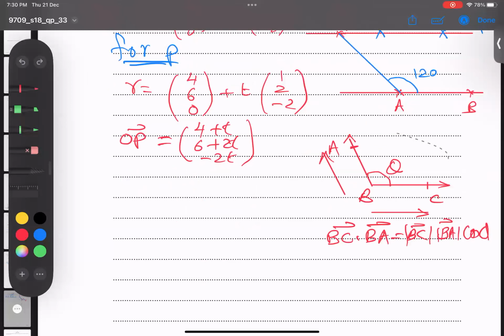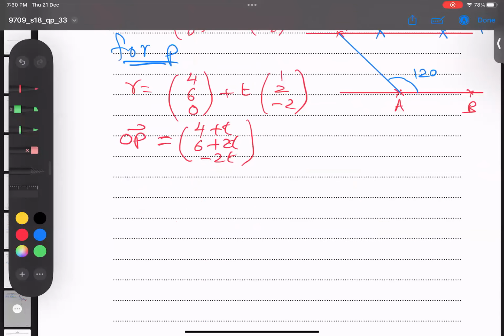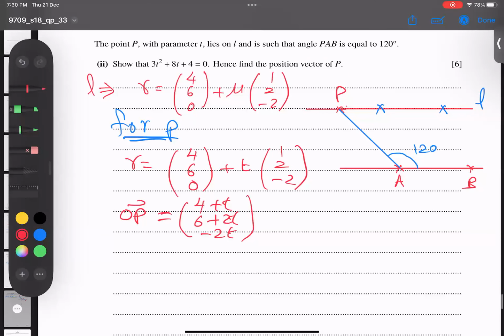Same story if I apply it now in the current situation. So let's see what situation I have, I'll show you. This middle letter is A, this letter is B, this is vector AB, and this letter is P. This angle is 120, and for your knowledge, this is called vector AB, and this vector is called vector AP.